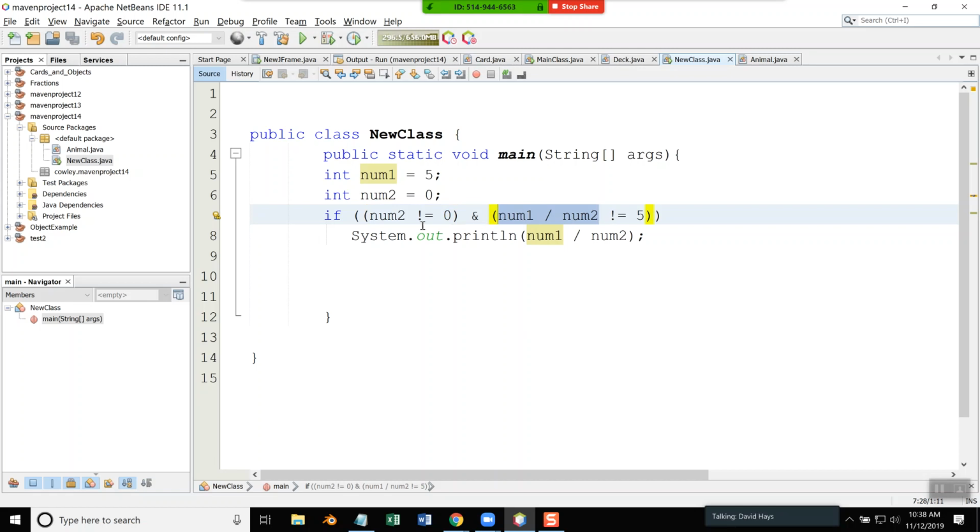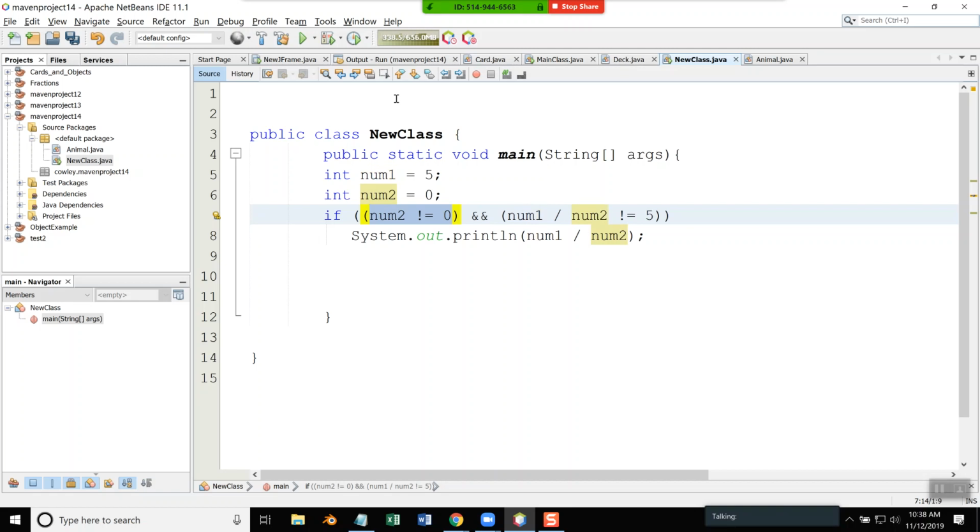Well, what I want to do here is I could rework this such that I put an X or another ampersand here, and then it checks to see if this is true first. If this is true, then it'll do this.